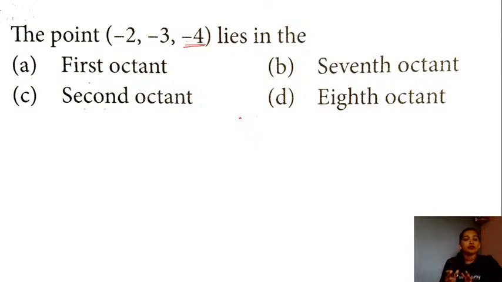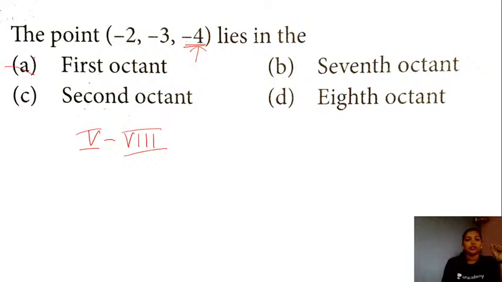If you have observed, the first 4 octants will have the positive side of the z-axis, and the next 4 octants will lie on the negative side of the z-axis. So here you have a negative value. So this point, -2, -3, -4, lies between the 5th to 8th octant.